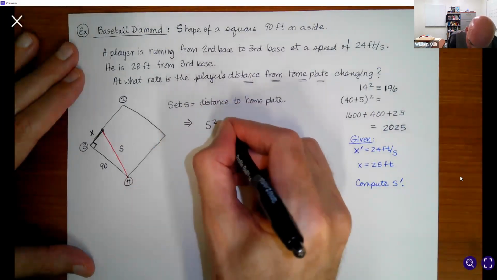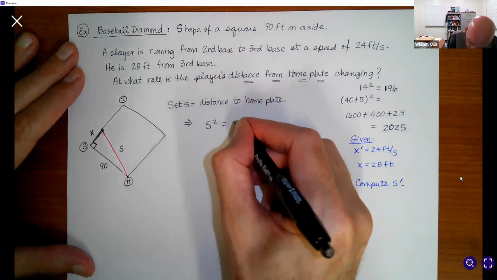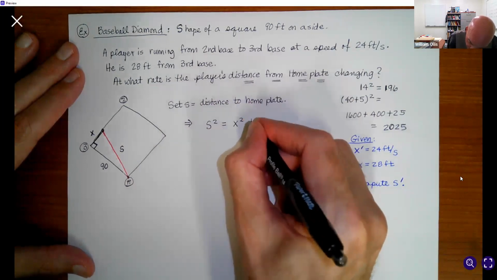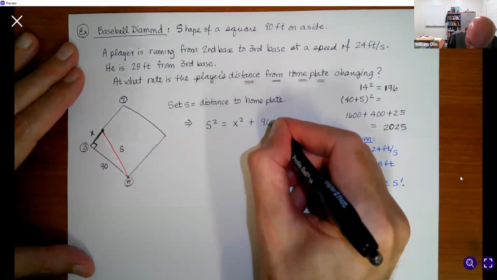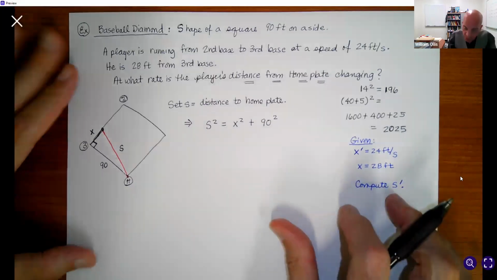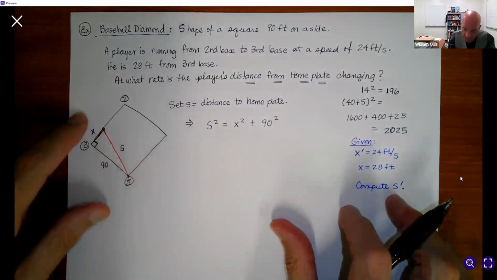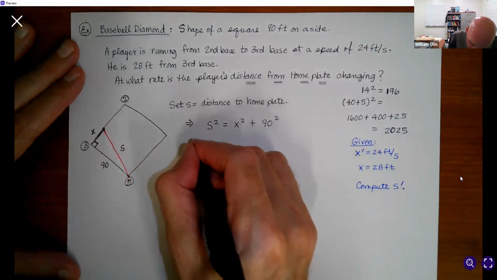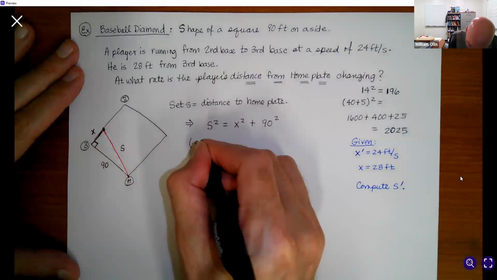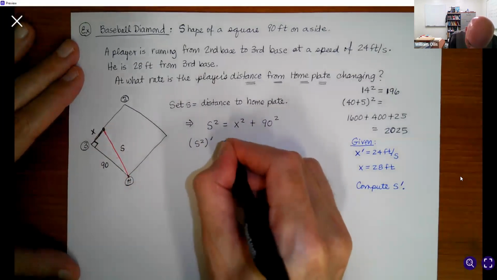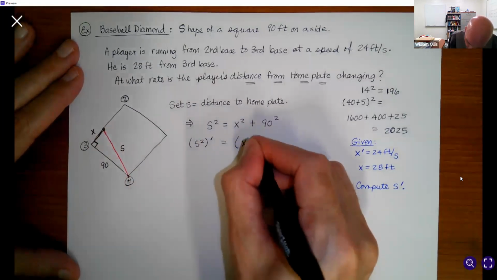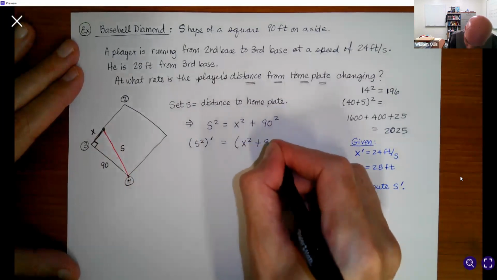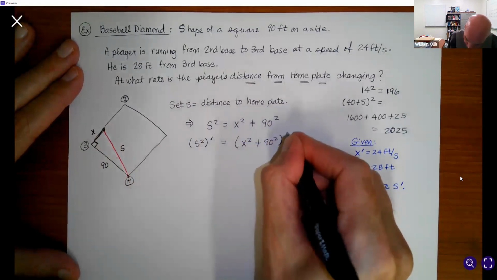So this implies, and then we'll figure out what else we need to know, S squared equals X squared plus 90 squared. So that's the relationship between S, X, and 90. So if you like, we can go ahead and differentiate. So I'll formally differentiate. S squared prime equals X squared plus 90 squared prime.